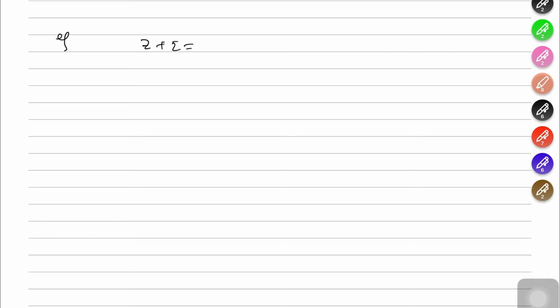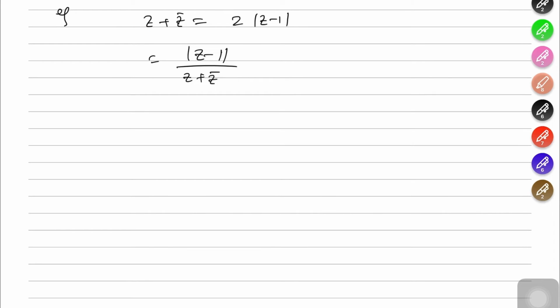Let's take one example. Let's say Z plus Z bar is equal to 2 times mod of Z minus 1. So clearly we observe that 2 is equal to mod of Z minus 1 upon Z plus Z bar.